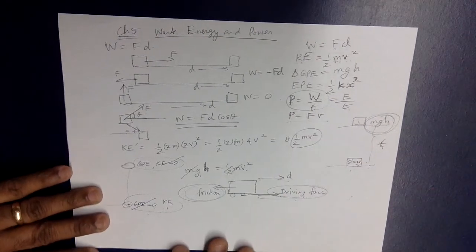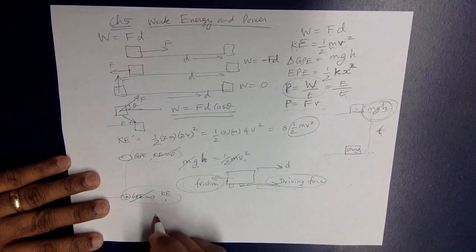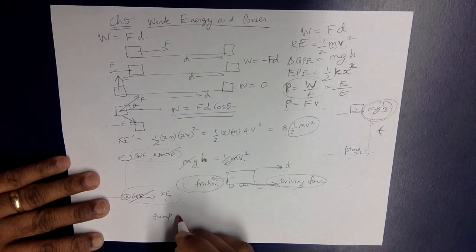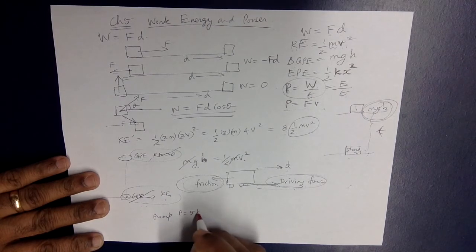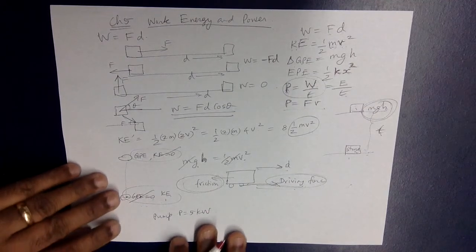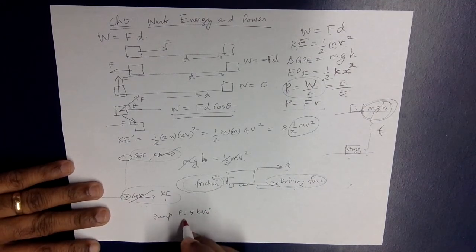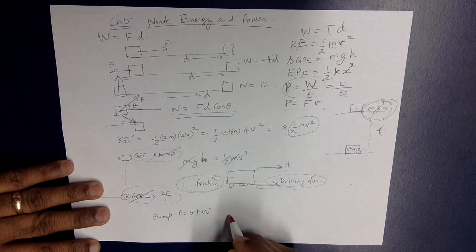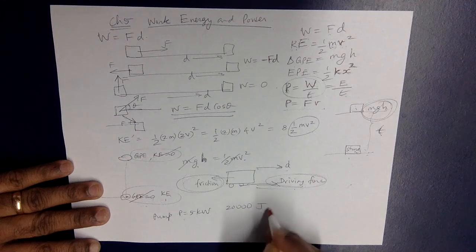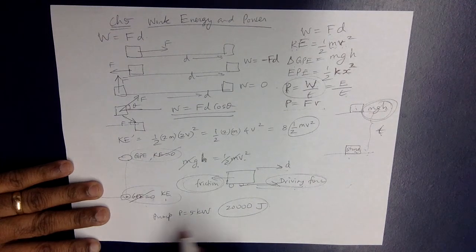All right? So for example, if there is a pump that has a power of 5 kilowatts. Now if this pump is actually used to pump water to a height, and this is the amount of energy that is used by the pump. So in what time did this pump do the work?